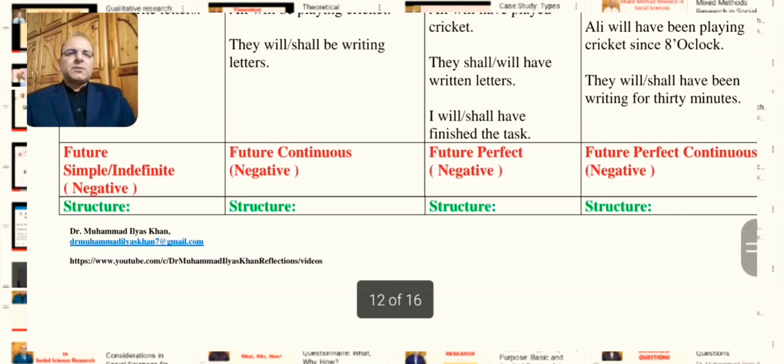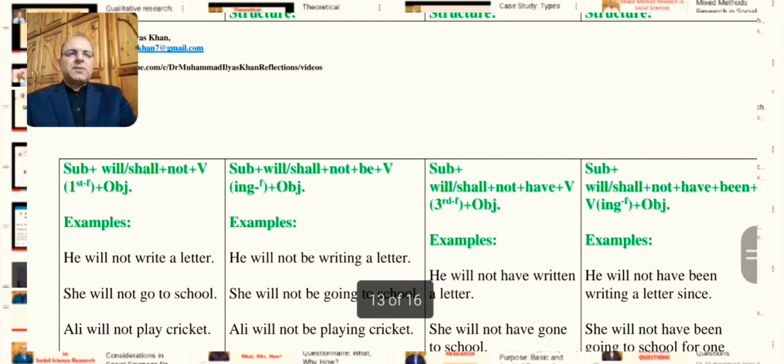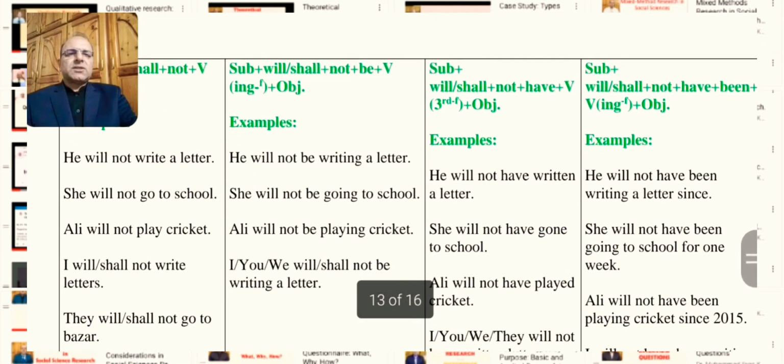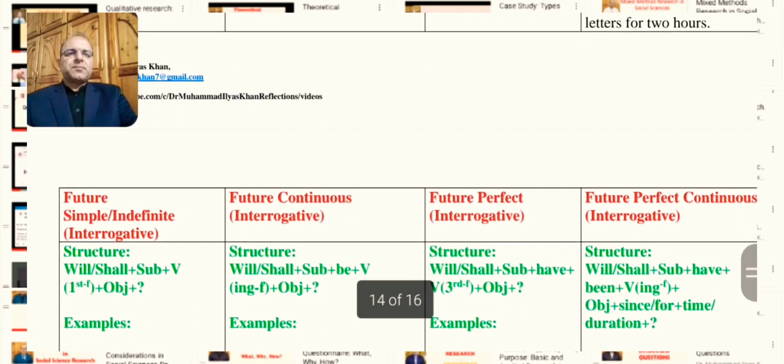Similarly, the future simple or indefinite negative sentences, future continuous, future perfect, and future perfect continuous. So for the structure of the negative sentences, each structure is given here in the green fonts, and each of these structures is then followed by examples in order for you to understand this.